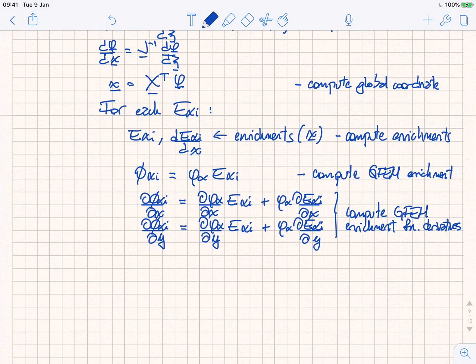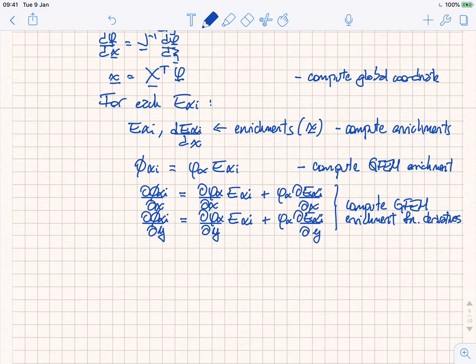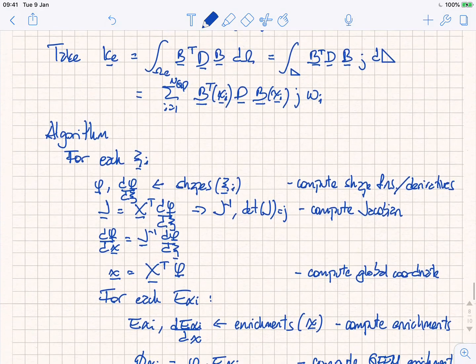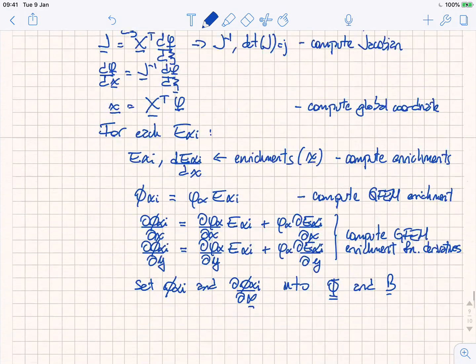So once we are done with this, we can say, well, let's set phi alpha I and the derivative of phi alpha I with respect to x into phi and B. For this particular case, I'm actually interested in the stiffness matrix, right?